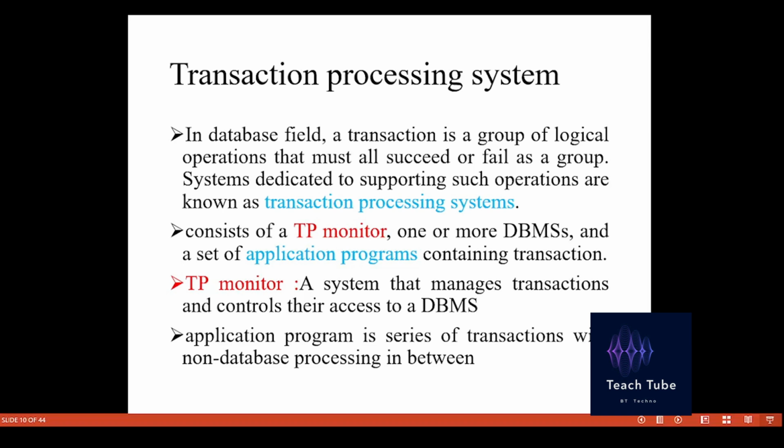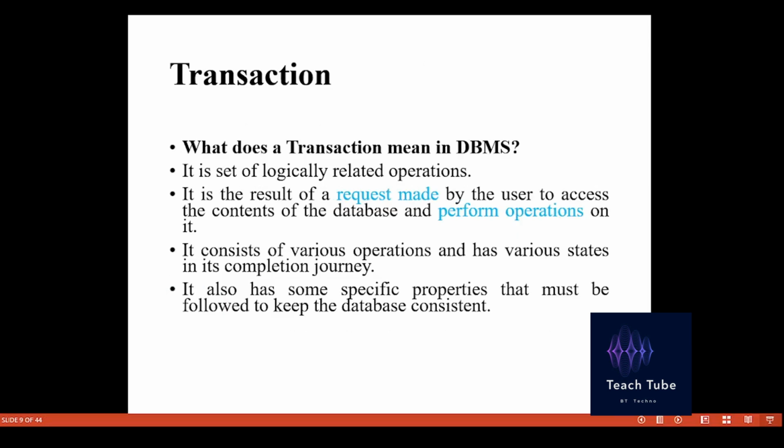Next, transaction processing system. What does a transaction mean in a database management system? It is a set of logical related operations. It is the result of requests made by the user to access the contents of the database and perform operations on it.